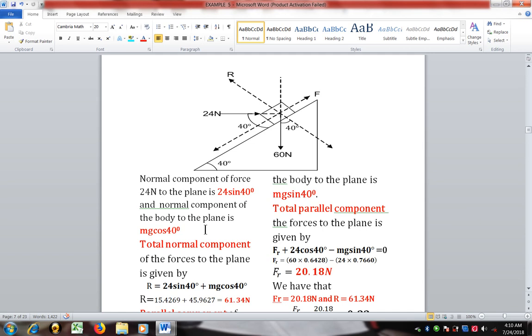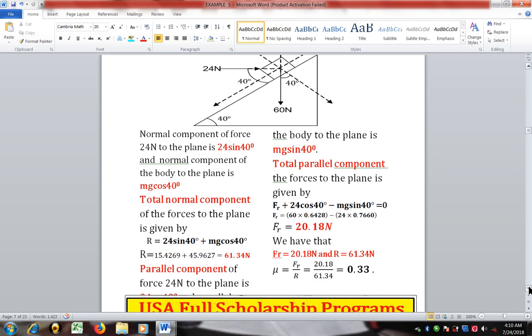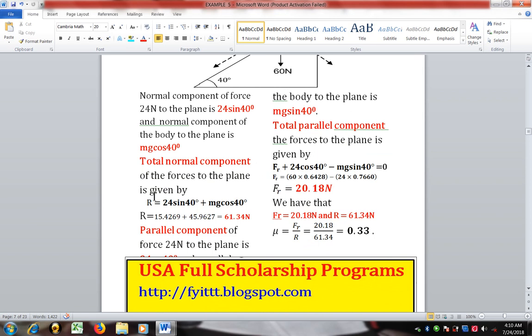Now we need to sum up the normal components to get our normal reaction. So the total normal component of the forces to the plane is given by the normal component of 24 Newton plus the normal component of the weight of the body.